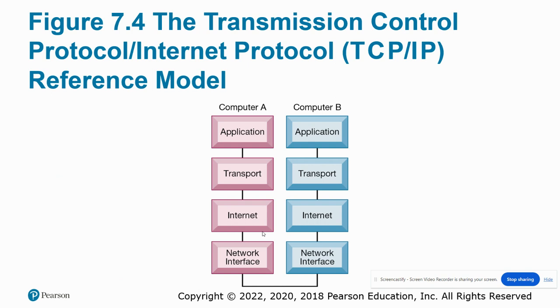This figure illustrates the 4 layers of the TCP/IP reference model for communications. Note that what happens when computer A sends a message to computer B is that the data that computer A creates is transferred within that computer from the application layer to subsequent layers in sequence.